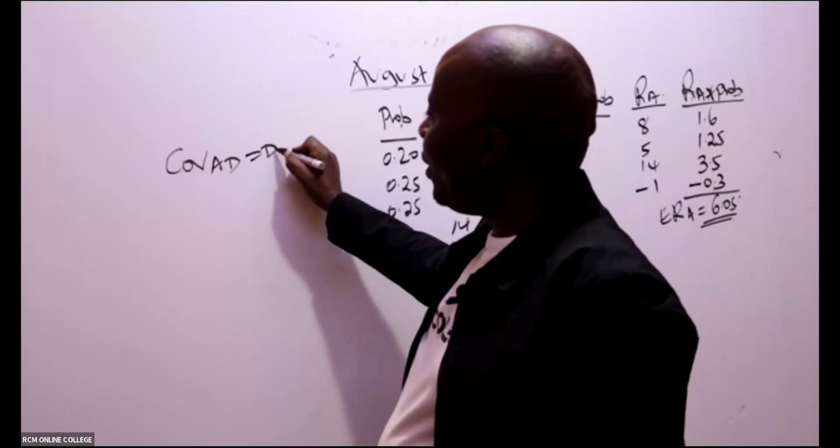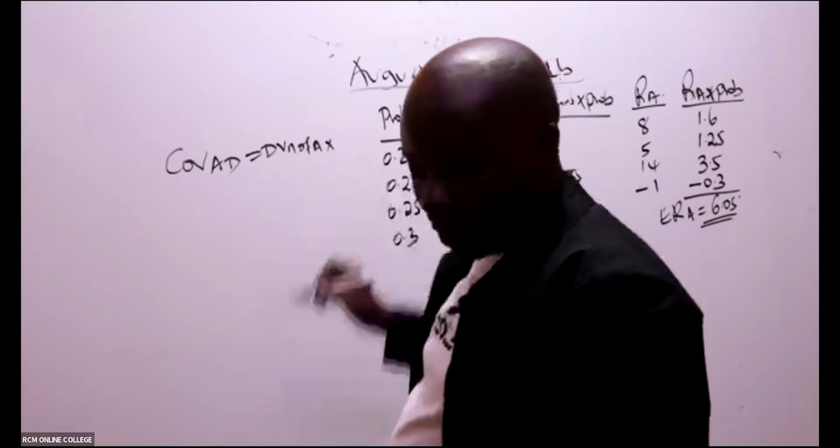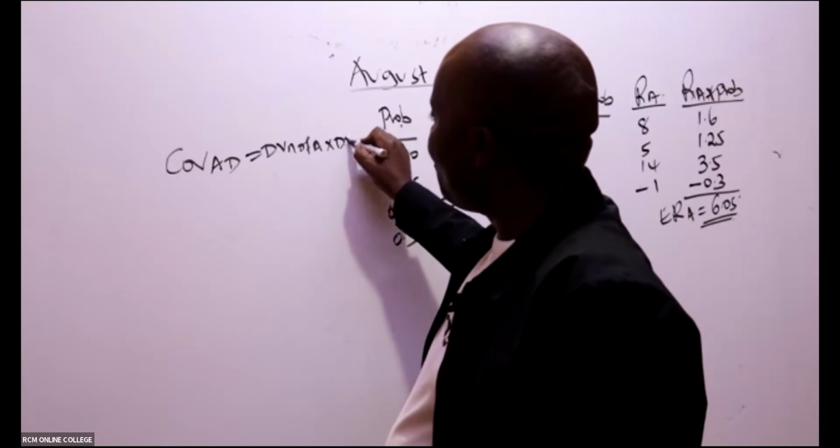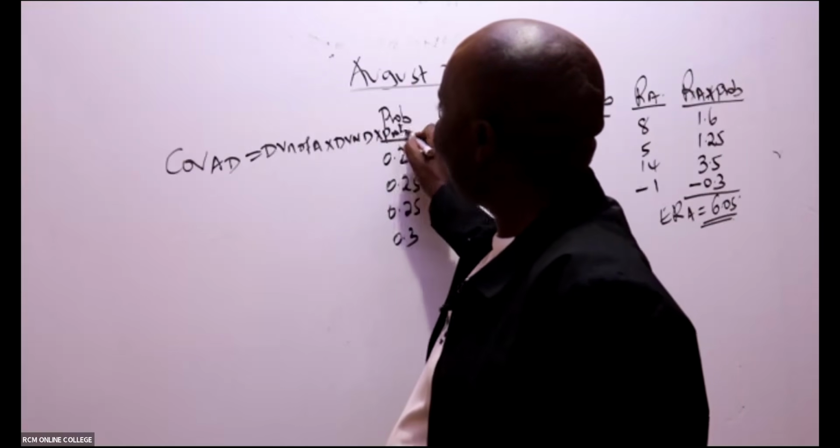So I will take the deviation of A times deviation of D times probability.